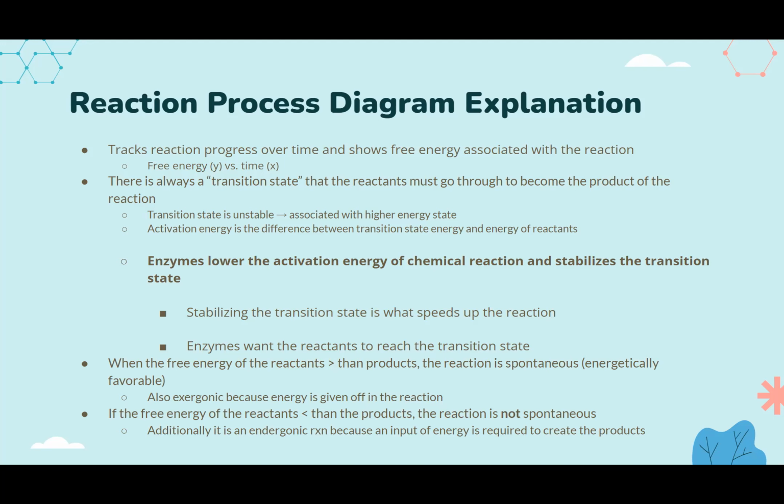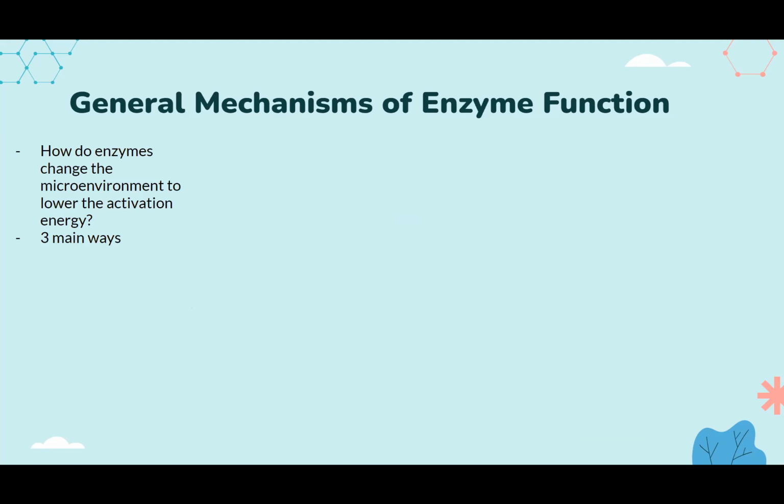The activation energy is the difference between the transition state energy and the reactants. The enzymes lower the activation energy, as I said, and they stabilize the transition state to speed up the reaction. You can just read the rest of it. It's basically what I just said. Can you go to the next slide?